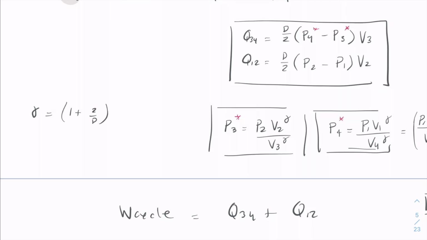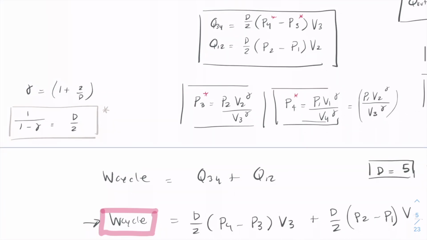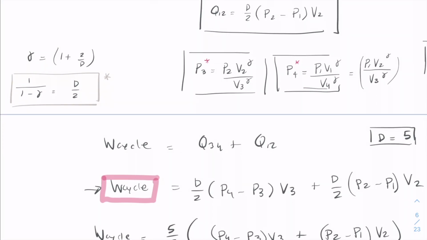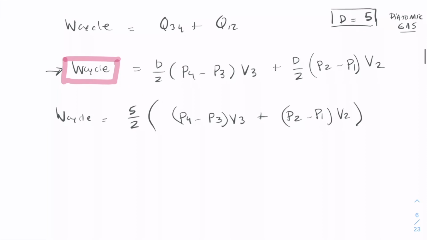And whenever we see this 1 over 1 minus gamma in a problem, the algebra simplifies it down to d over 2. So our equation, even though it looks different from maybe what you see in other solutions, is still the same algebraically. So don't worry.